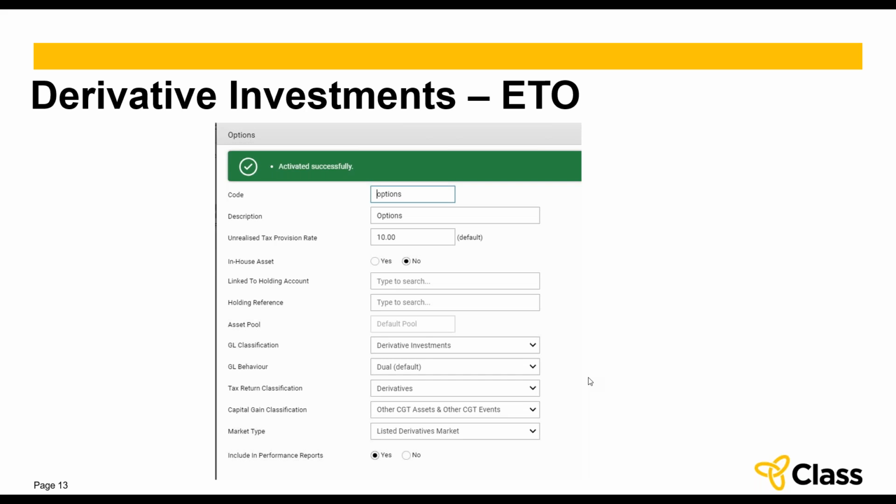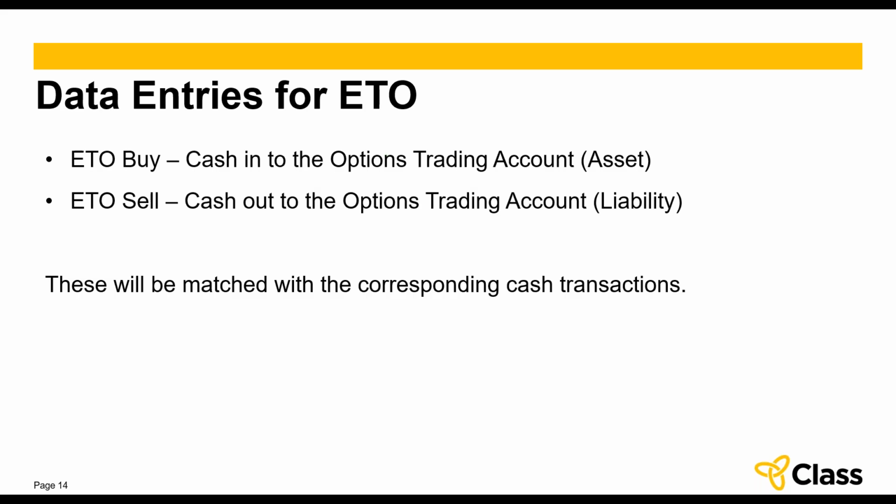Now, as you process the buy and sell in relation to an ETO buy or ETO sell, it will be cash into the option trading account, and the other side will be cash out of your normal cash settlement account. And the reverse, if you're writing an option, it will be a cash out to this option trading account to indicate it constitutes a financial liability or investment liability, and equally will match to the cash you received in a normal bank account.